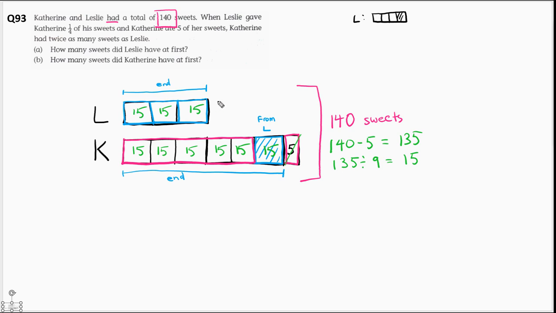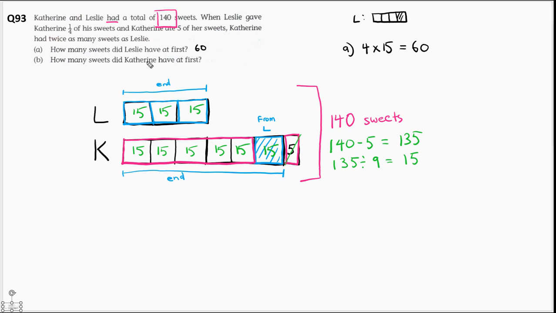So let's do question A. At first it's 4 times 15. 2 times 15, you'll probably know, is 30. So 4 times 15 must be 60. So at first, Leslie had 60 sweets.